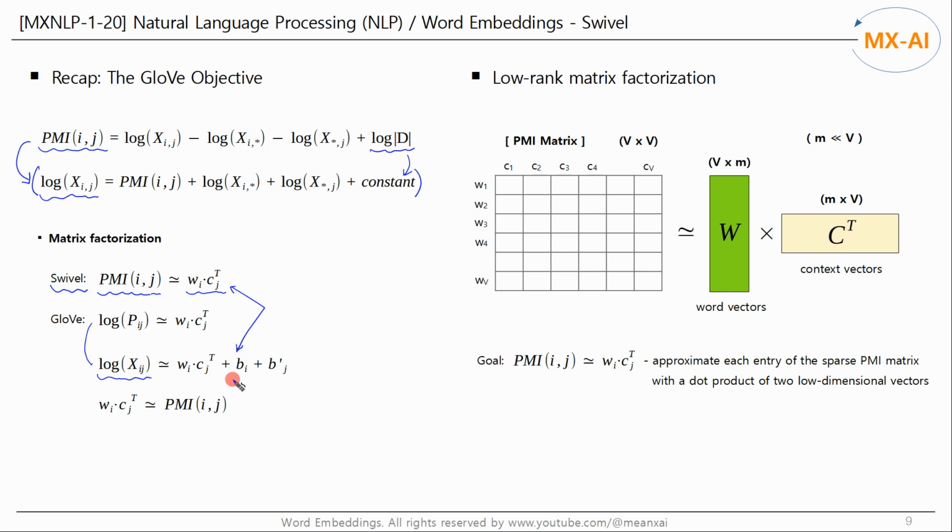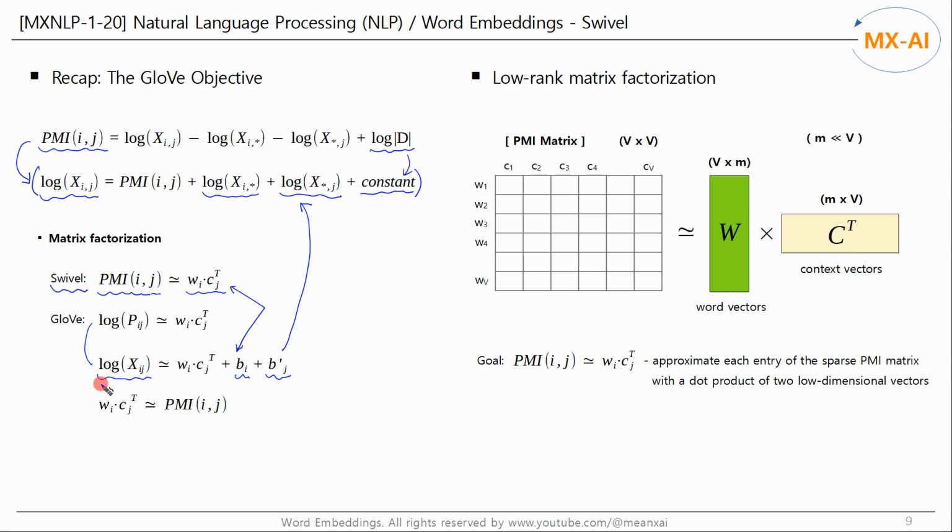As we discussed in the GloVe series, the GloVe objective includes two bias terms, one for the target word and one for the context word. During training, these bias terms naturally absorb the frequency-dependent terms log xi star and log x star j. The constant term log the size of D is also absorbed into the bias.